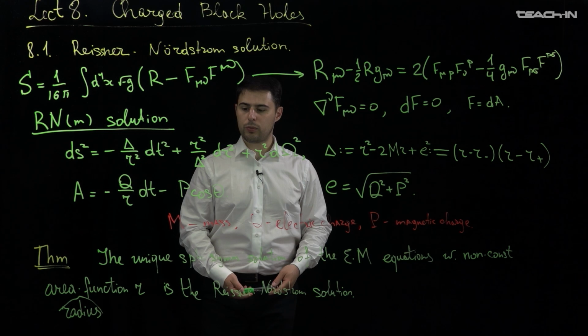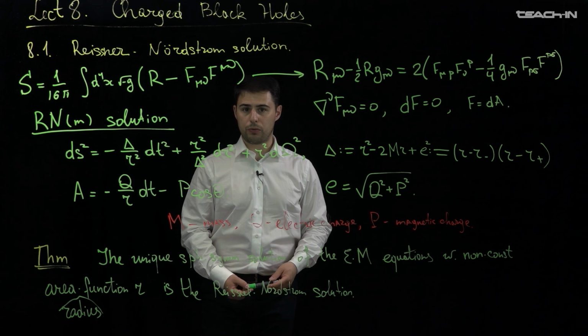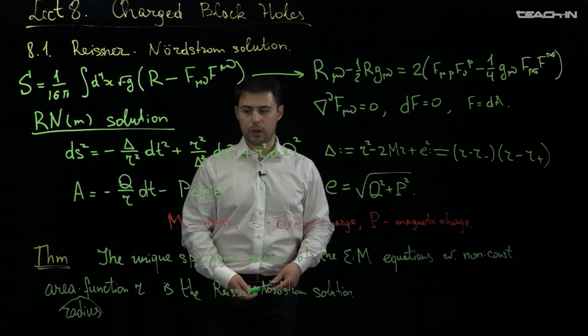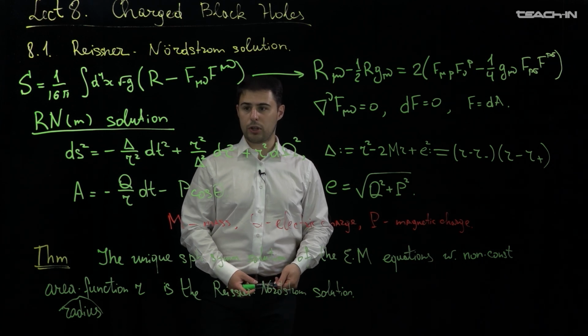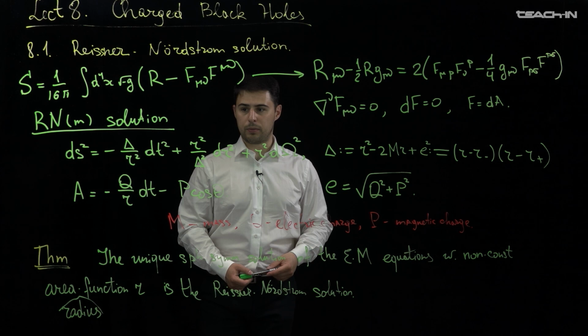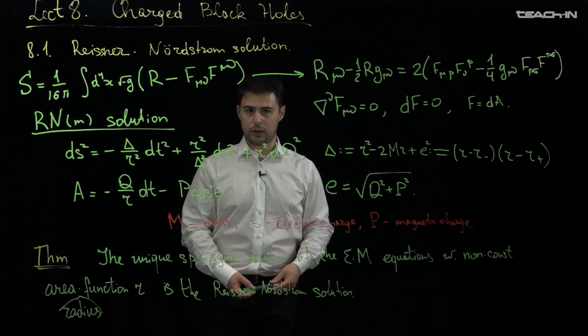So why do we have to assume that the area radius function is non-constant? Well, if it is constant, then there is another solution, which is a direct product of two-dimensional AdS space times a two-dimensional sphere. This geometry is known as Robinson-Bertotti geometry, and in fact it has a direct relation to the extremal black hole case, and we will discuss it there.